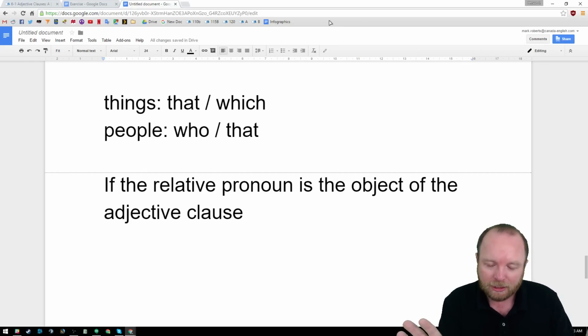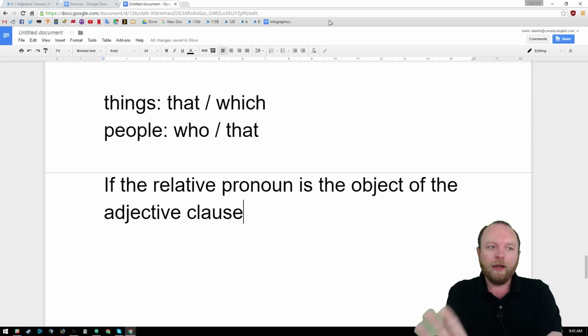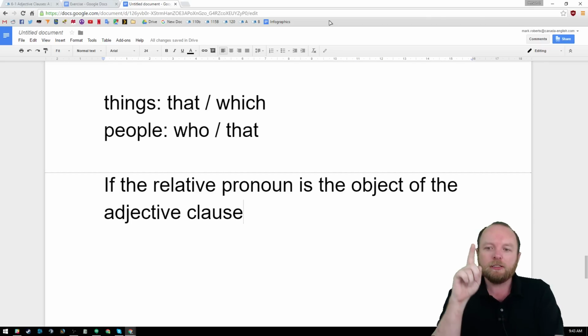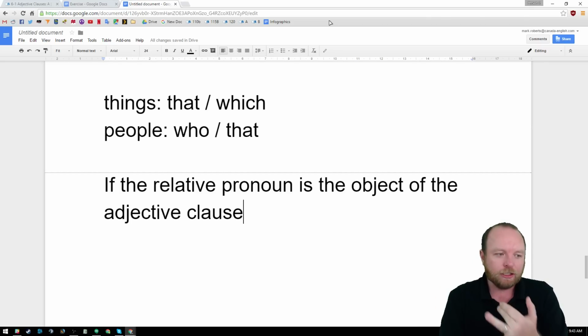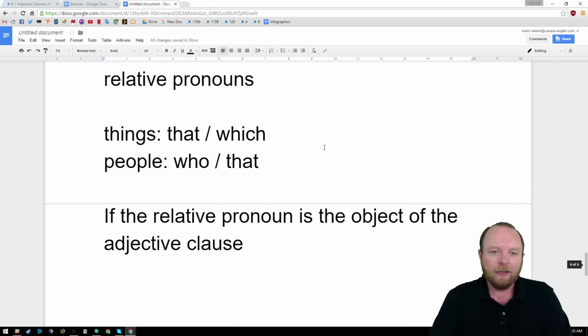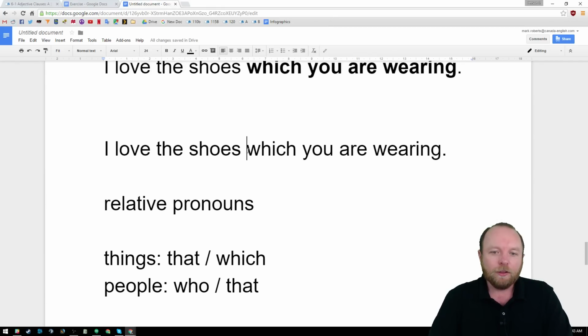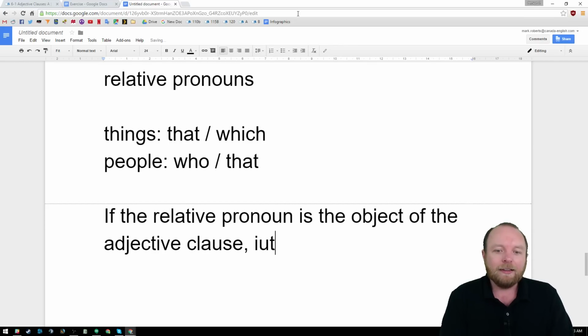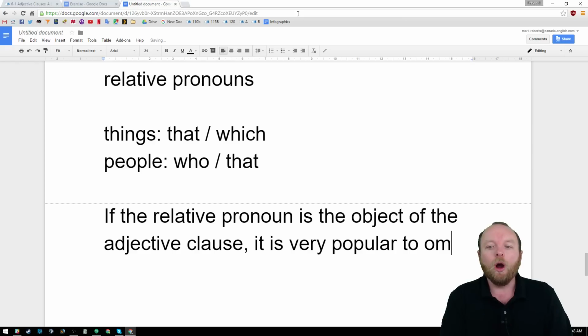I'm not finished my sentence, but just wait. If the relative pronoun is the object of the adjective clause, it is very popular to omit the relative pronoun.